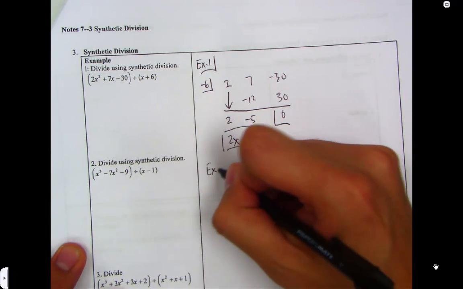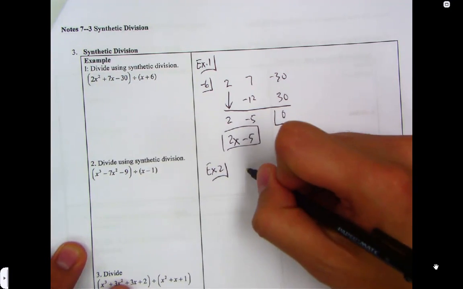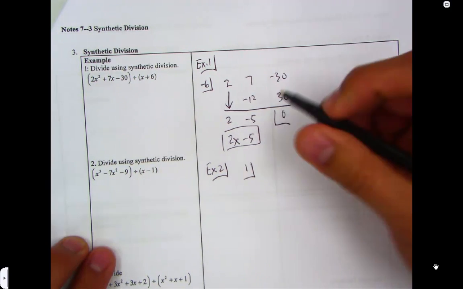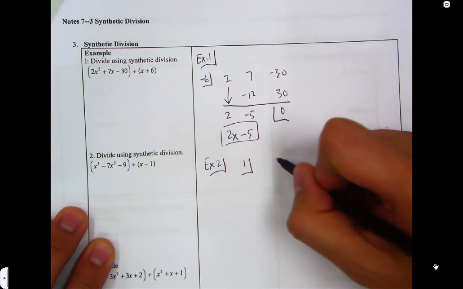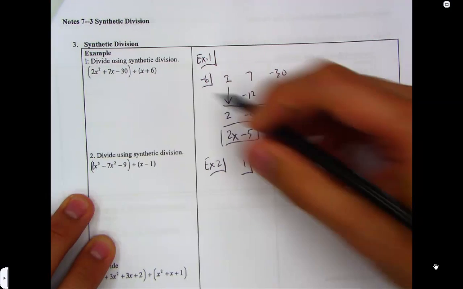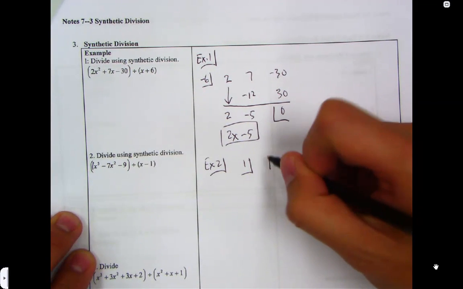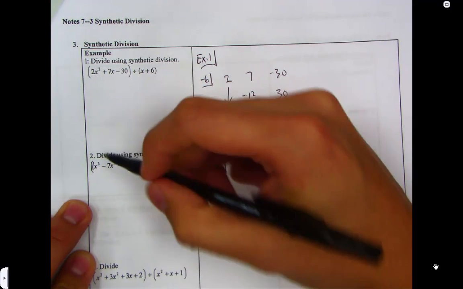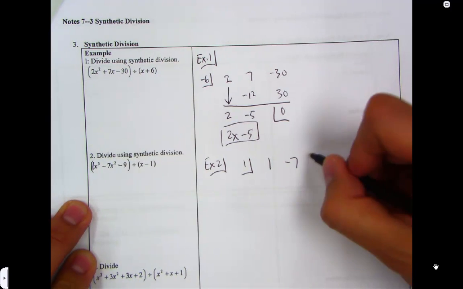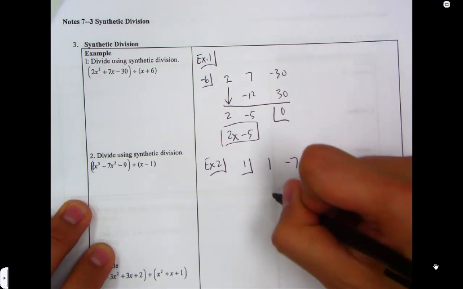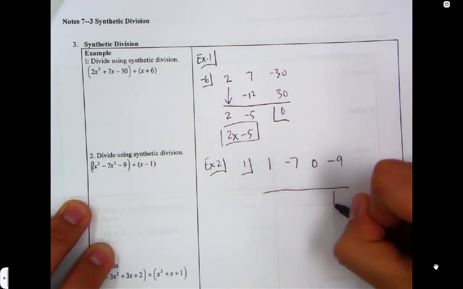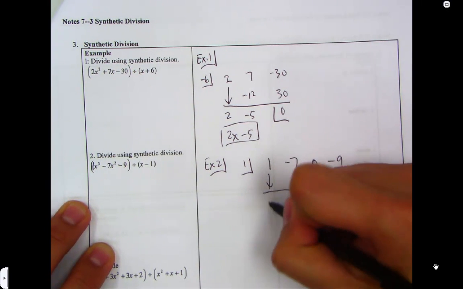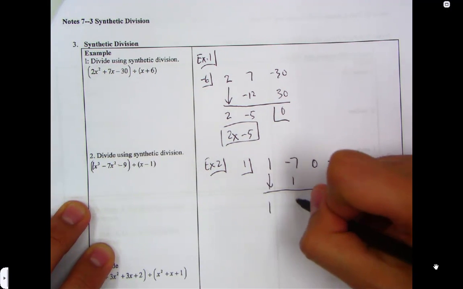Example 2. We're going to go ahead and write 1. Take the opposite, write the coefficients. So this is a 1. There's a negative 7. Now you see how there's no x, so that's going to be 0, negative 9. Bring down the first one, 1. 1 times 1 is 1.